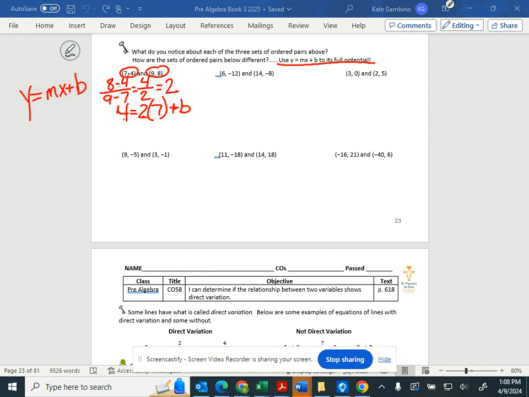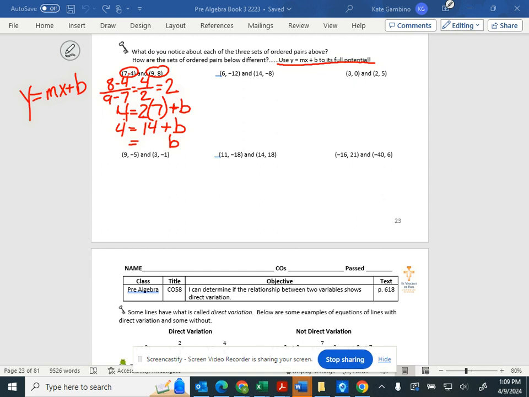You could use either one. You are absolutely correct. So what is 2 times 7? 14. So I have 4 equals 14 plus b. How do I get b by itself? It's a positive 14. I'm not multiplying anything, so I don't need to divide. Addie?